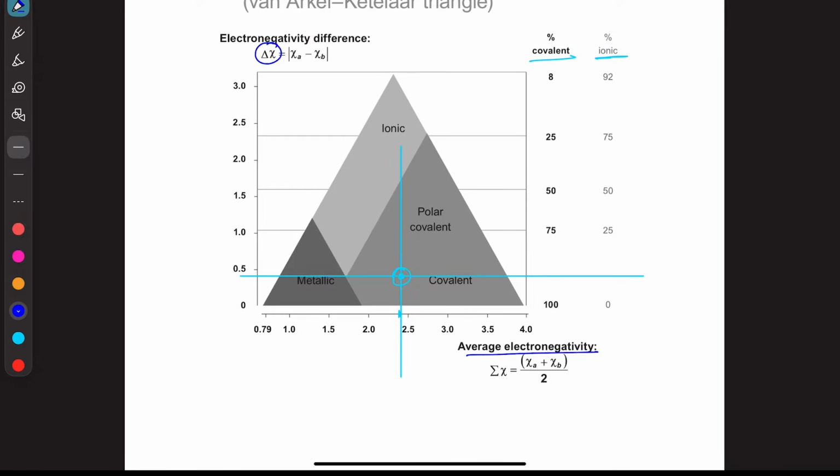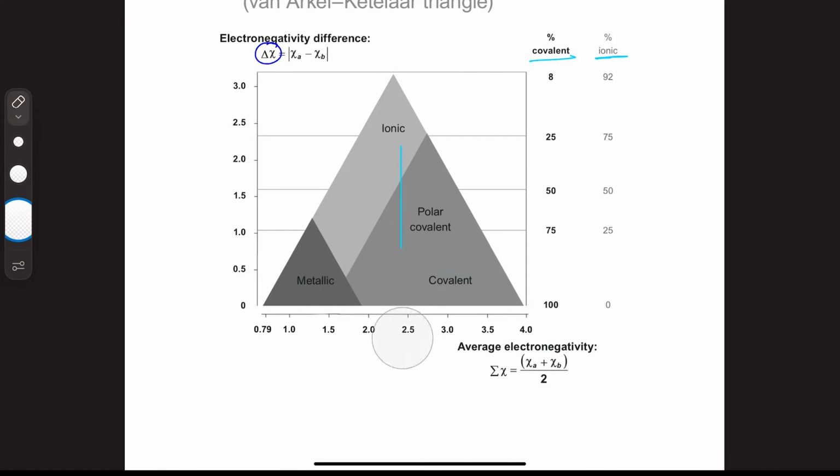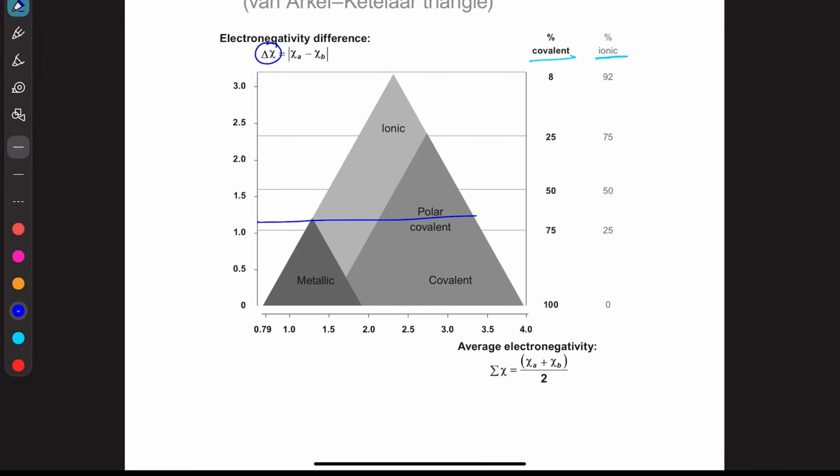We need to find that point on the triangle. The difference will be 1.2, somewhere here along this line. And then the other one will be 2.8, somewhere here.